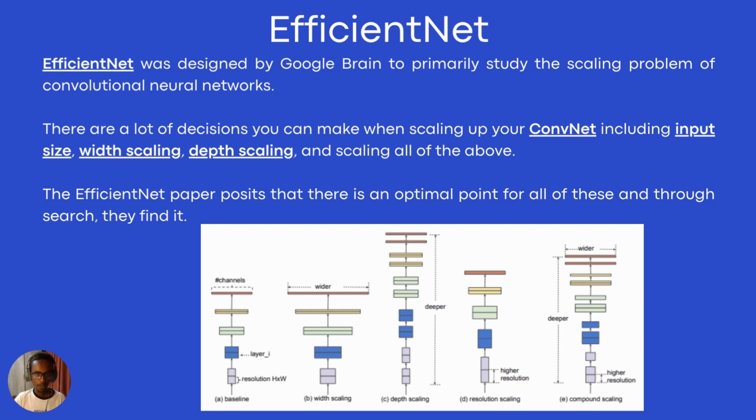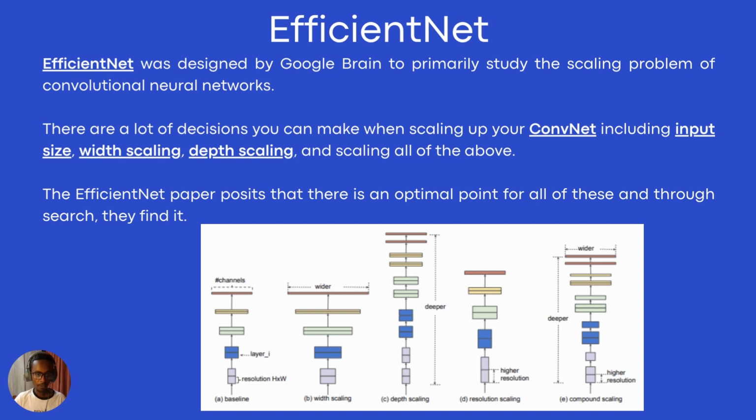So if you modify your network by increasing the input resolution, or increasing the number of channels, or by making the depth of your network deeper, you can increase the performance. But the problem mentioned by the authors of this paper is if you change any of these parameters, you're going to get a higher cost in terms of computation.